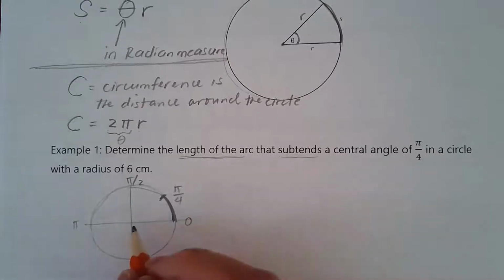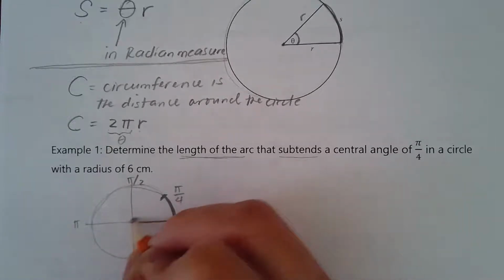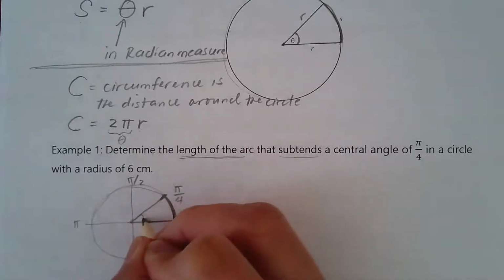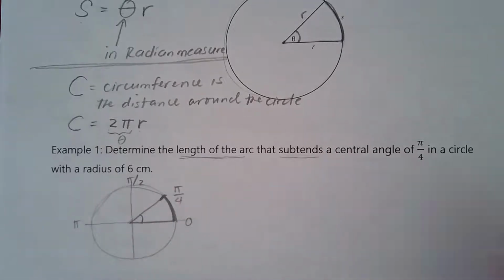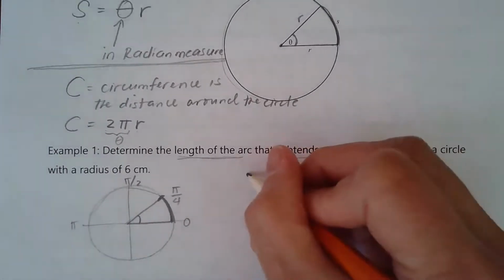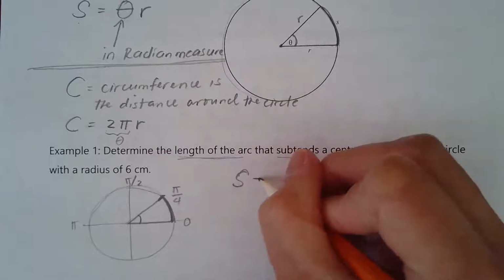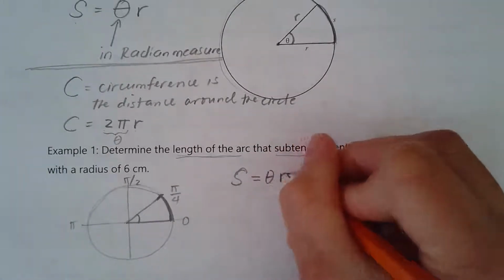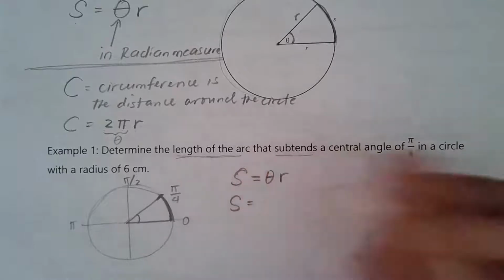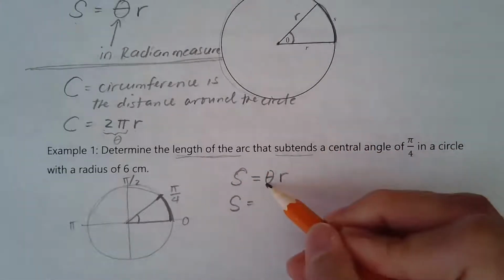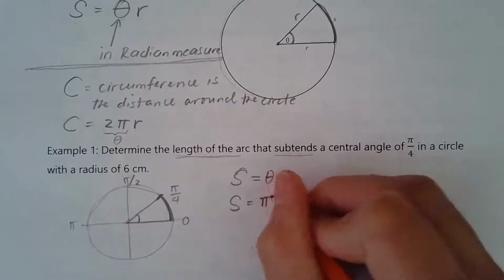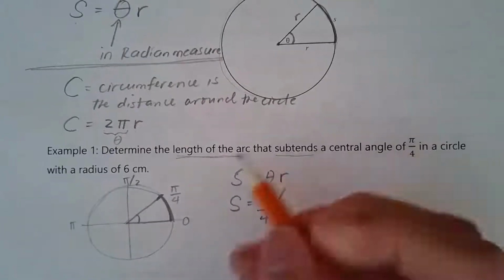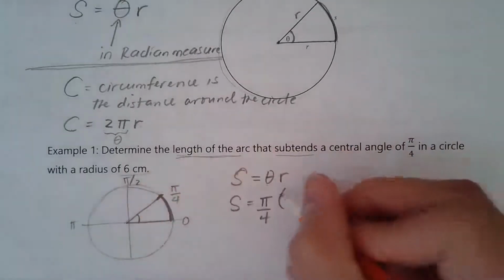What other information do we have? They're saying that this part here is pi over 4. So S, the arc length, equals theta times r, the radius. Theta is pi over 4 times the radius. The radius, they said, is 6.